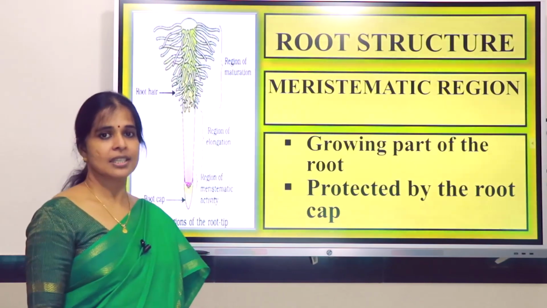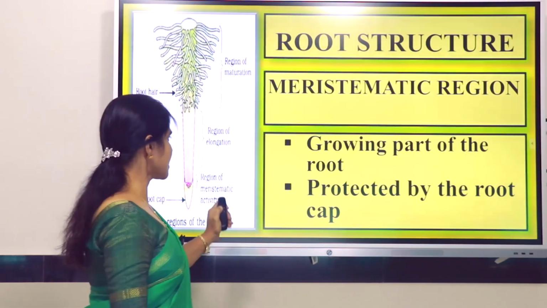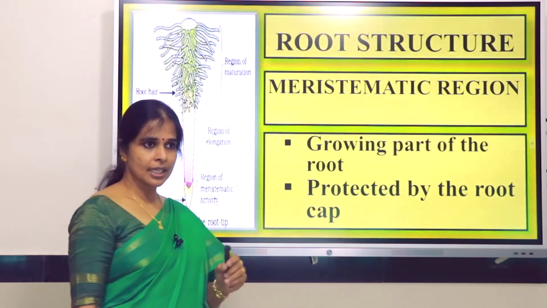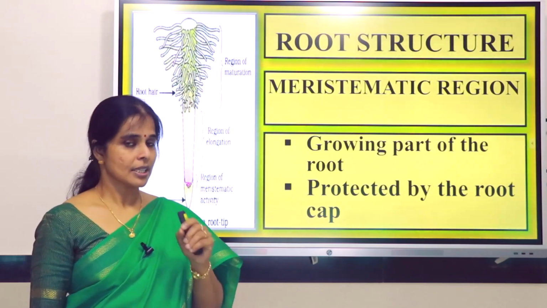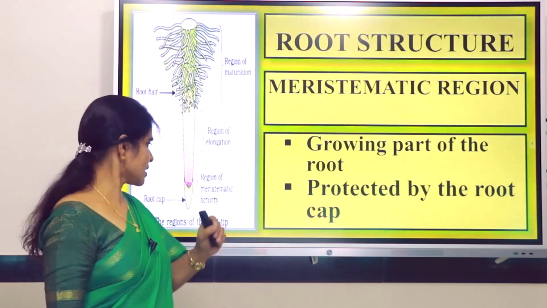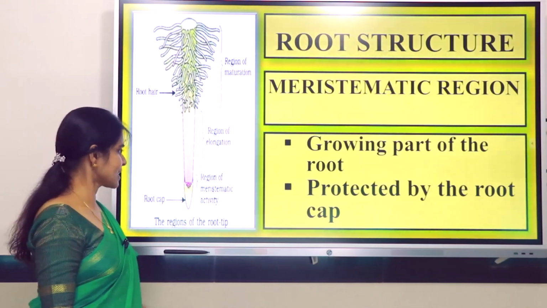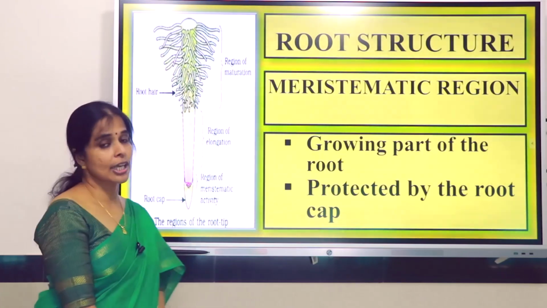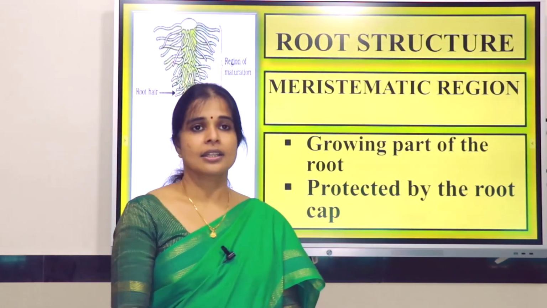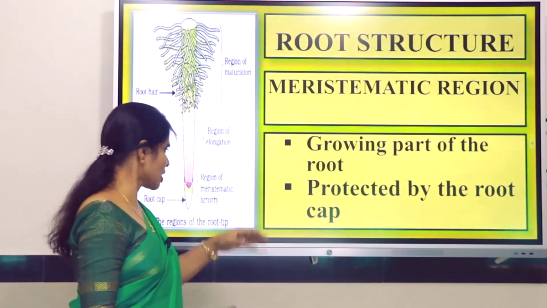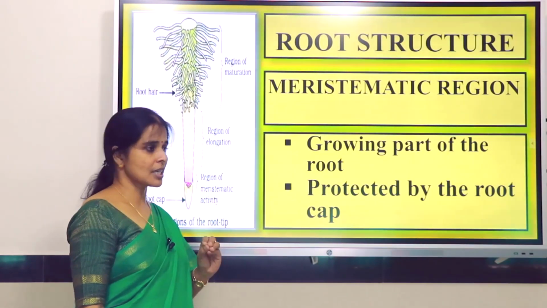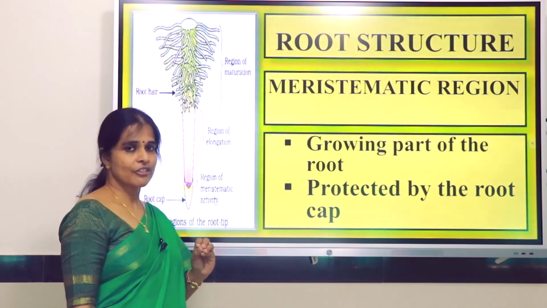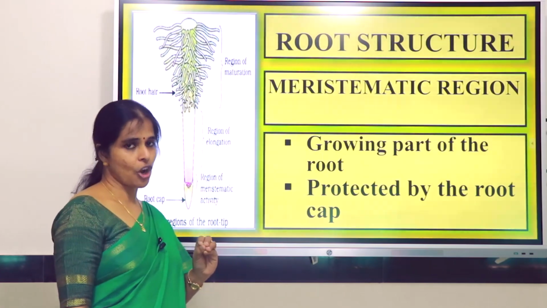What is the meristematic region? It is the growing part of the root. During its growth, the tip portion of any root is known as the meristematic region, which is normally protected by a root cap, because as it is the growing region, the cells are very tender and have to be protected from the soil and other microorganisms.